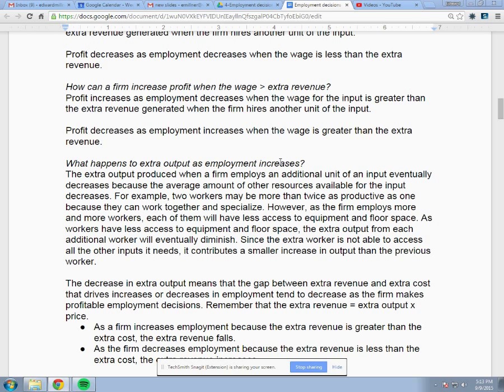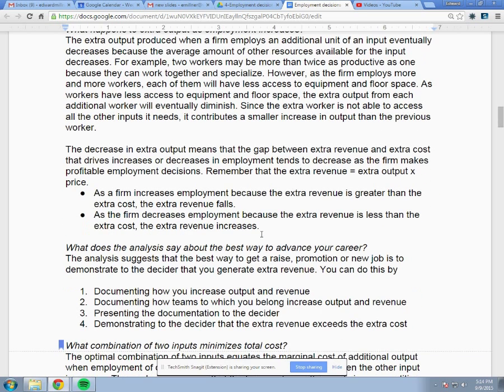The decrease in extra output means that the gap between the extra revenue and extra cost that drives increases or decreases in employment tends to decrease as the firm makes profitable employment decisions. Remember, the extra revenue is extra output times price.